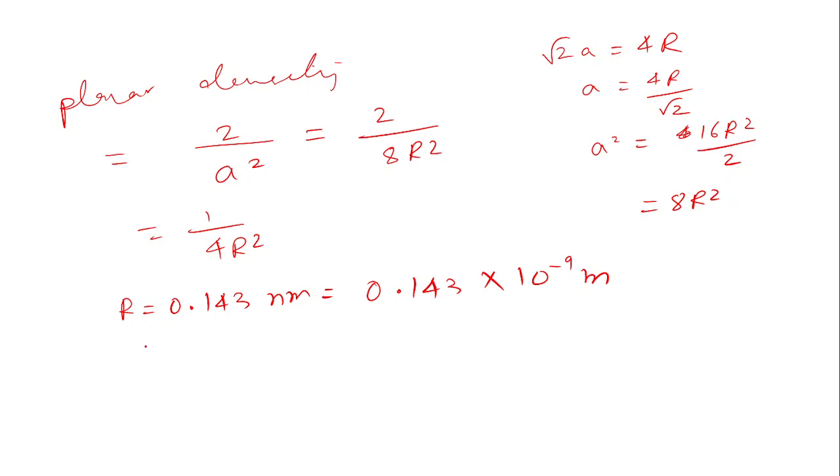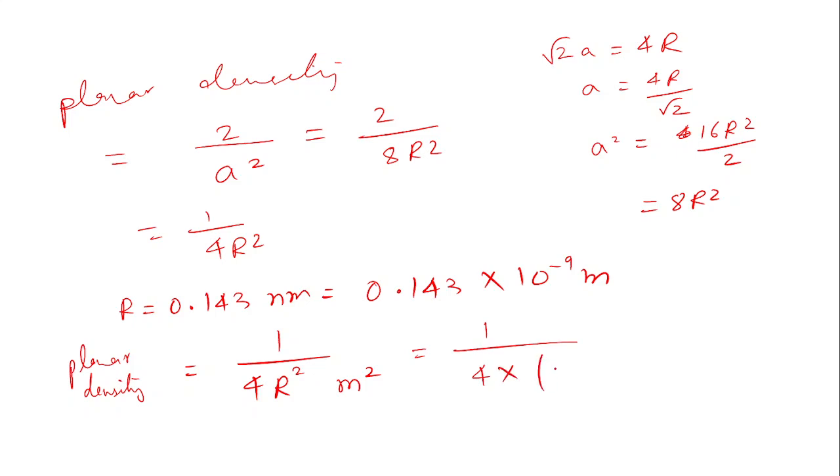So when I substitute, planar density 1 over 4R square means per meter square, because this is radius and this is area, right? When we substitute the value, it will be 4 times 0.143 times 10 to the power minus 9 whole square meter square.